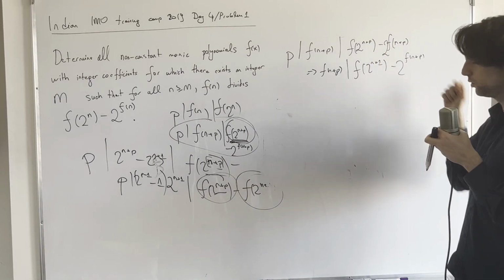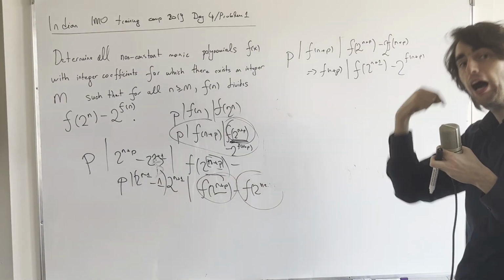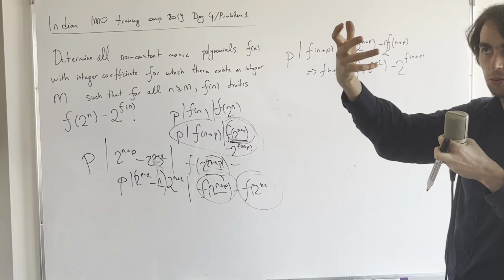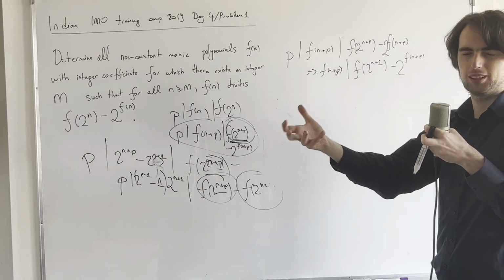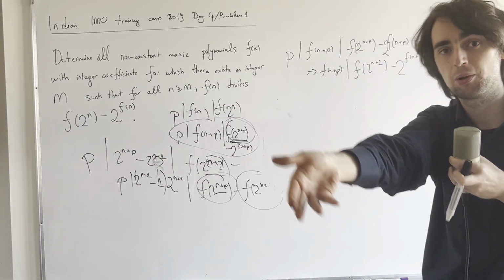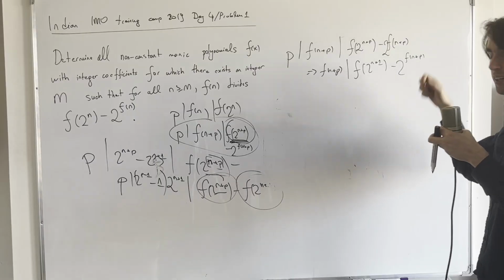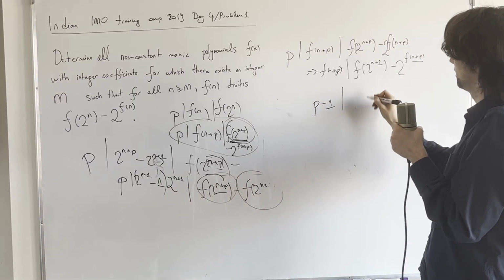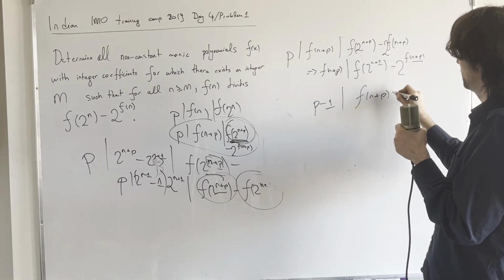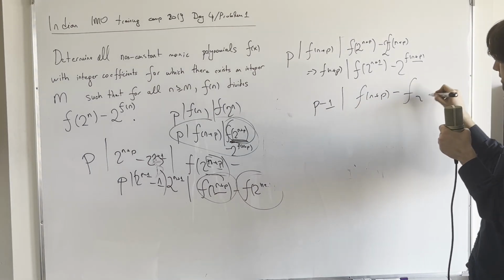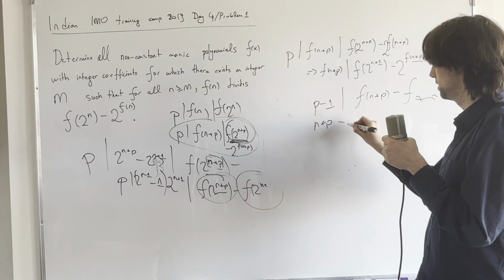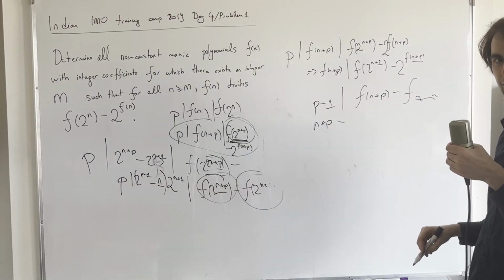Now, what can I do with this? Well, now I'm looking at powers, right? I'm trying to see 2 to the x, and what is that modulo p? So what do I need to look at? Well, modulo p minus 1. So I need p minus 1 to divide f of n plus p minus some f of something else. So I need to have n plus p minus 1 to get p minus 1.